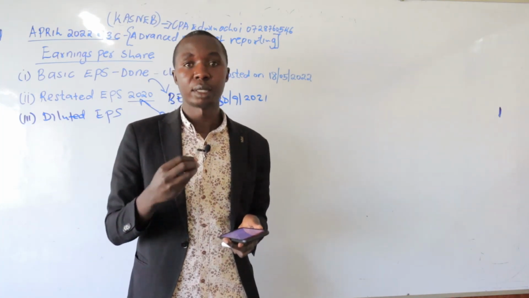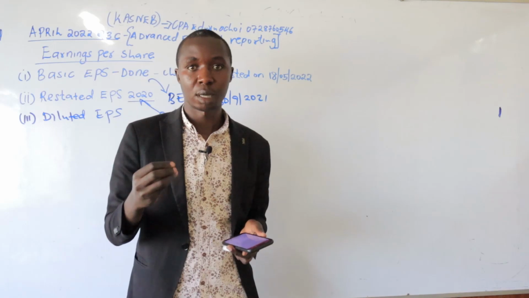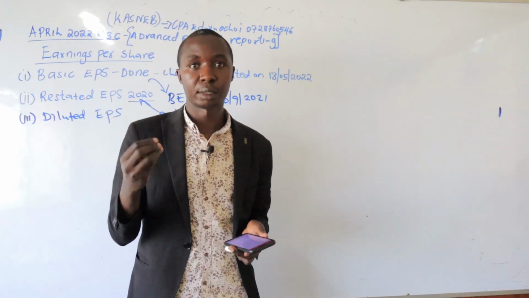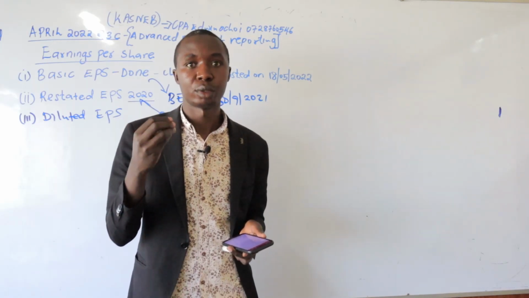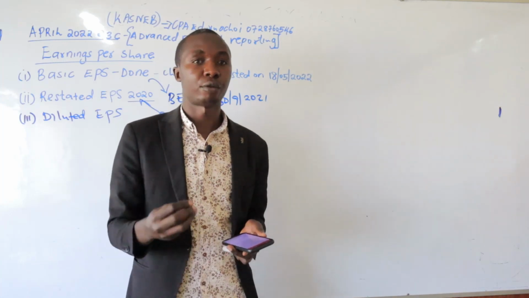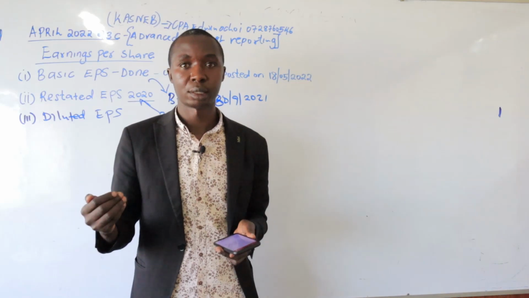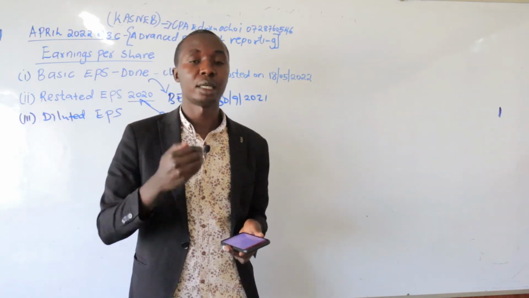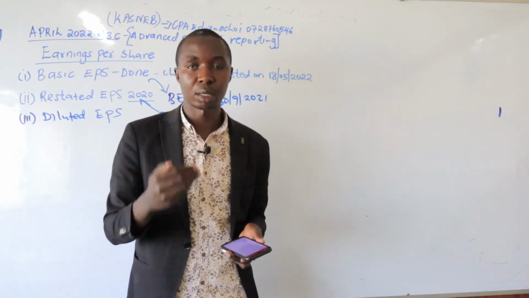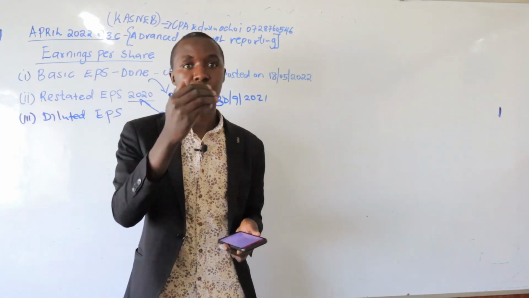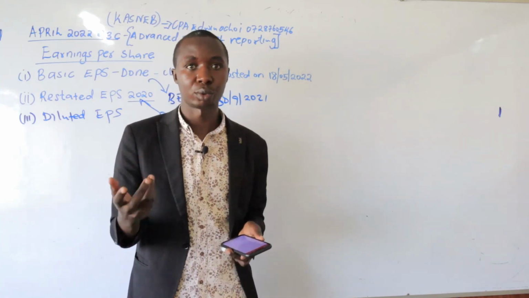So when there is this aspect of rights issue and you are doing a restated EPS, for you to make a decision about the performance of the entity in 2 comparative years, that is the year ending 30th September 2020 and the one ending 30th September 2021, what are we supposed to do?